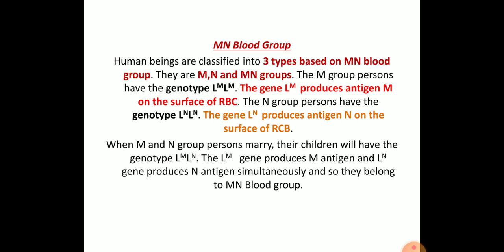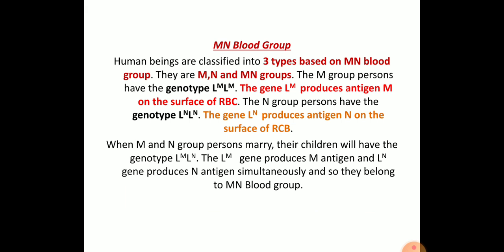So usually this Mn blood group is classified into three types: M, N and Mn. They are also notated as L^M and L^N: L^M L^M is M, L^N L^N is N, and Mn will be L^M and L^N.